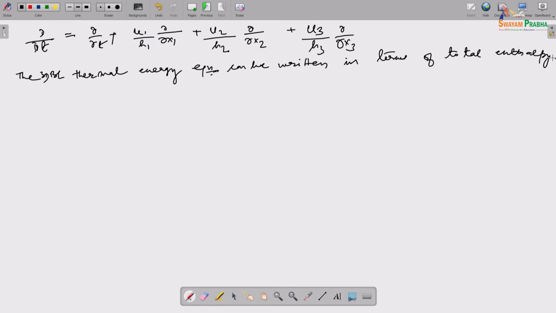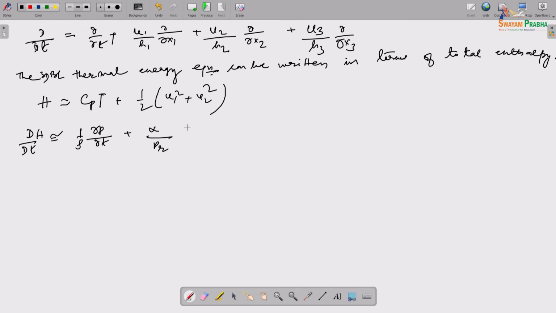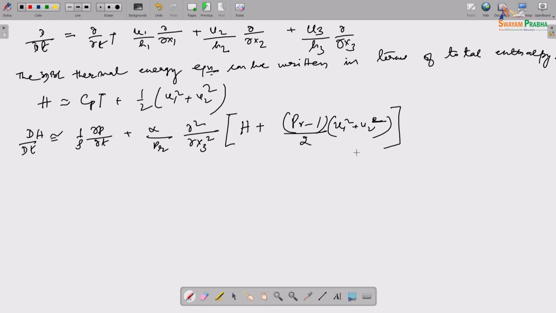So enthalpy here, and then, what PR, of course, PR is, if you've not already noticed, the Prandtl number.